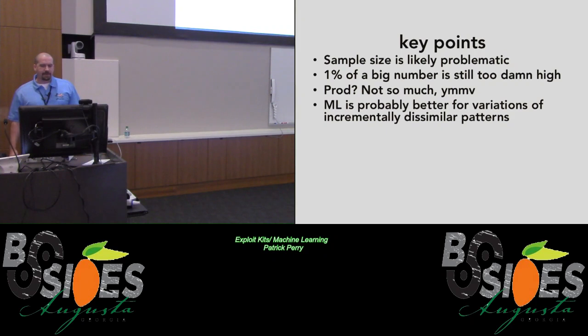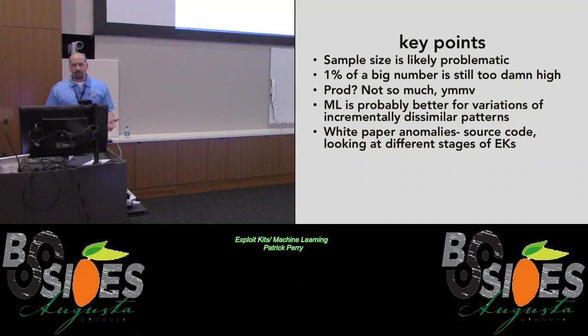Again, this is my own thought. I think that machine learning is probably better for variations of incrementally dissimilar patterns. The problem that I saw a lot with exploit kits is that from one version to another, there can actually be a significant change in the URI or something that I'm trying to key on, and that makes it really hard to detect.